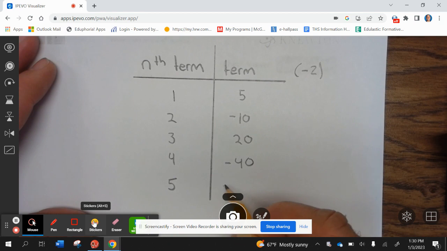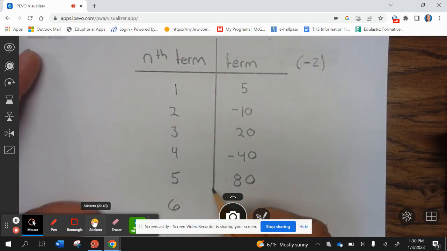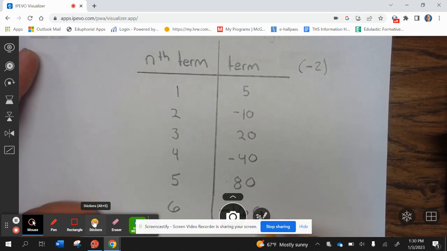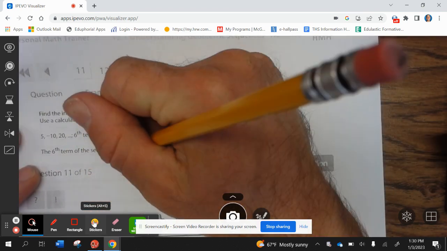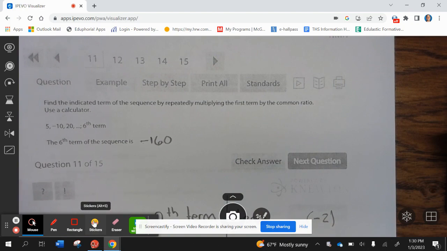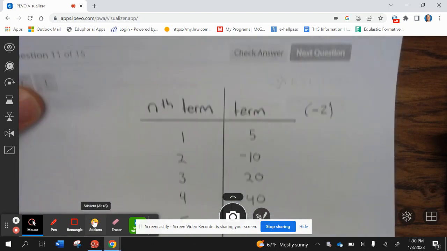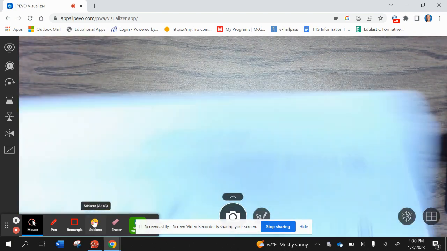Fifth term is a positive 80. And then the sixth term is negative 160. Okay, so the sixth term of the sequence is negative 160. All right, let's take a look at the next example.